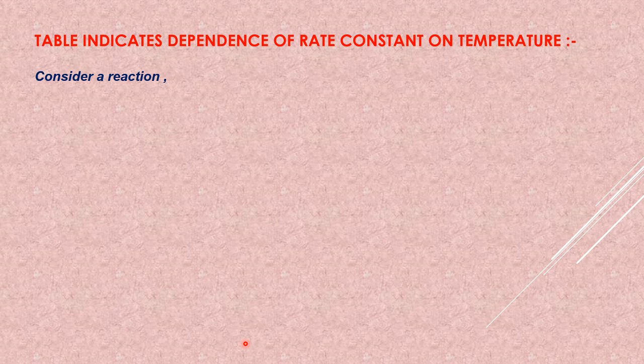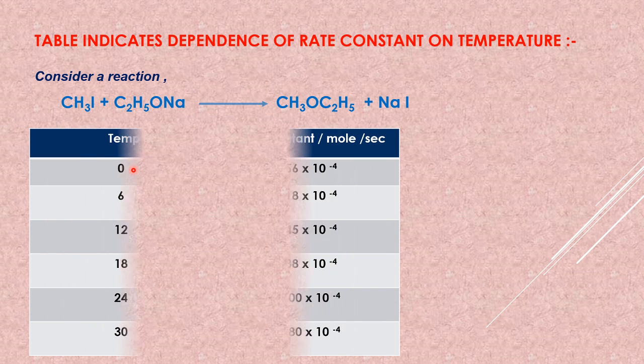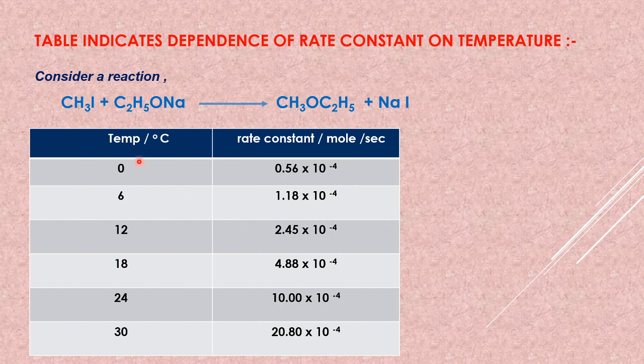In this example we consider the reaction methyl iodide plus sodium ethoxide giving methoxyethane plus sodium iodide. Here we see a table of the temperature dependence of the rate constant at different temperatures. At 0 degrees Celsius, the rate constant is 0.56 into 10 raised to minus 4 per second.